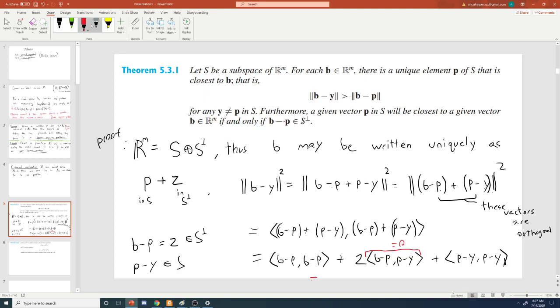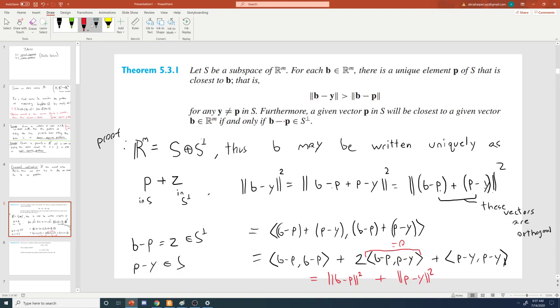So this, in fact, is the same thing as the length of B minus P squared plus the length of P minus Y squared.